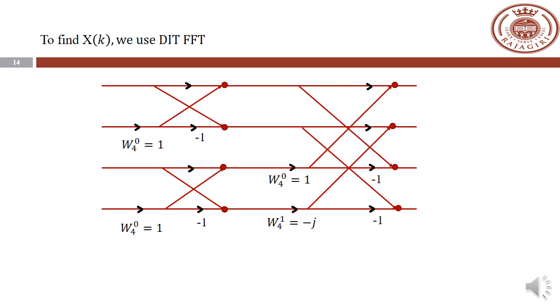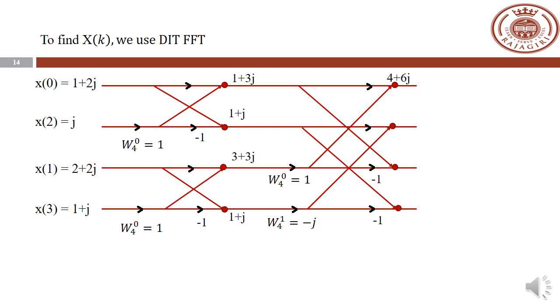We have the same x of n as in the previous question. So, I mark the inputs in the bit reversed order as x of 0, x of 2, x of 1 and x of 3. After computation, we get the output of the first stage as follows, and the final DFT outputs are given by 4 plus 6j, 2, minus 2 and 2j.